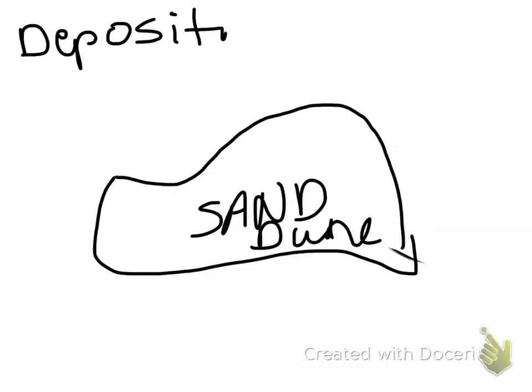Sand has been deposited in this big heap. When the wind deposits sand, as the wind dies off, all the particles that were carried by it fall, and you end up with a big pile of sand. So sand dunes move around a lot based on the wind.